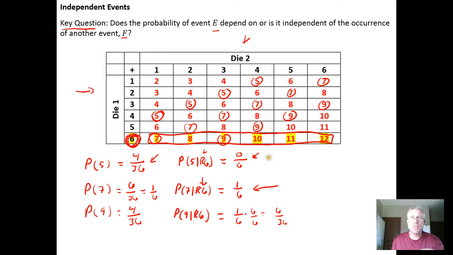So what we would say is that the probability of getting a 5 and a 9 were both dependent on what happened on that roll of the first die, namely the rolling of the 6. Our probabilities were dependent on that roll. The roll of the 6 changed the probabilities, whereas 7 was independent.